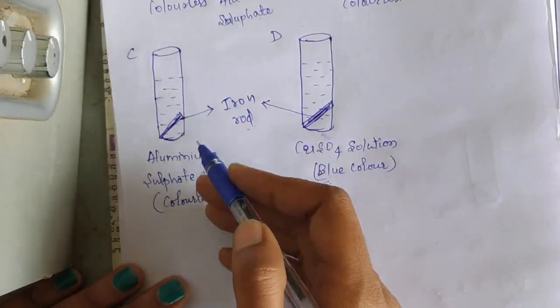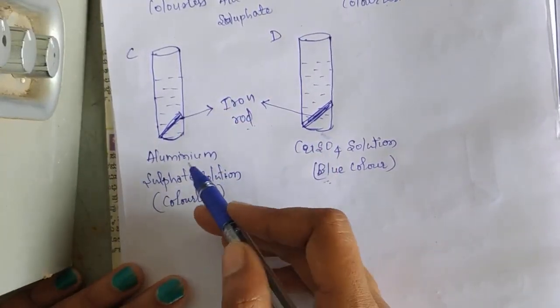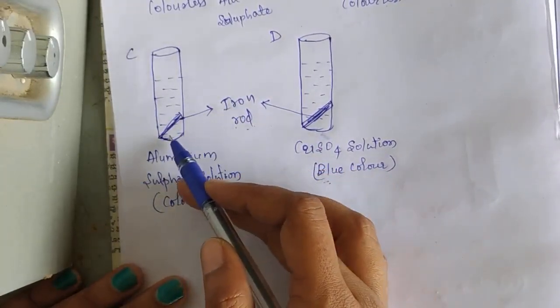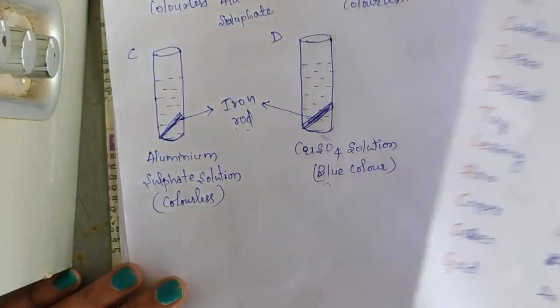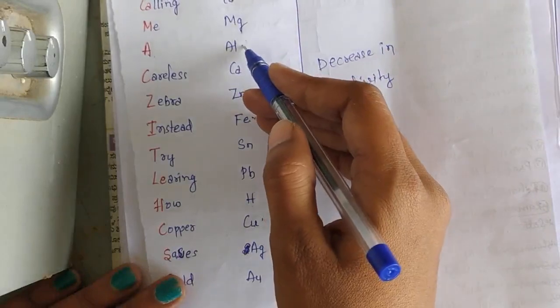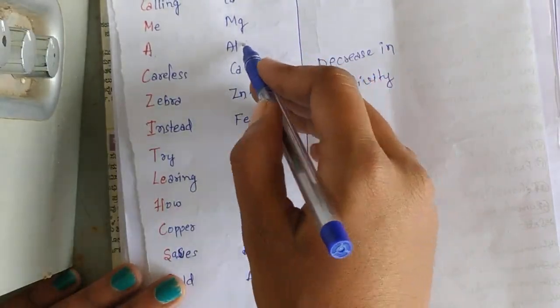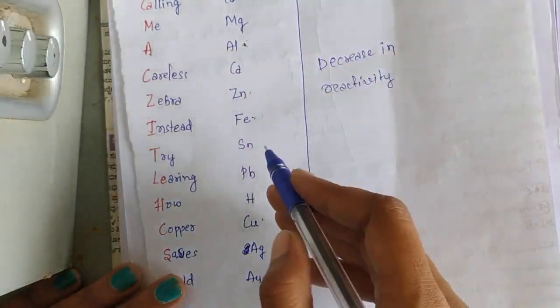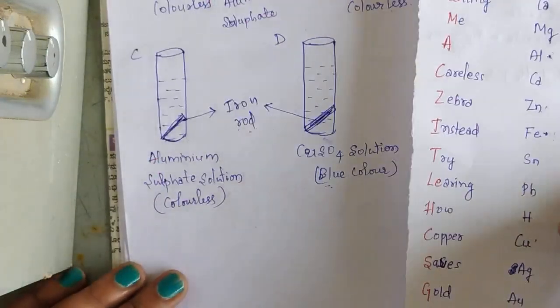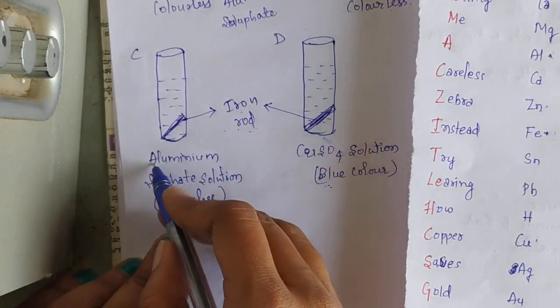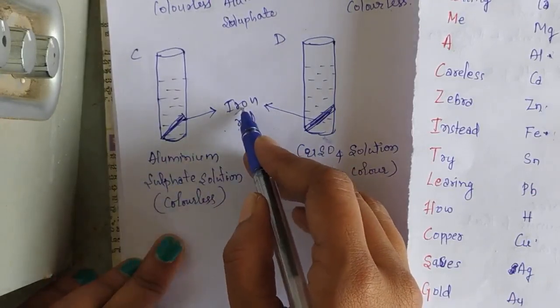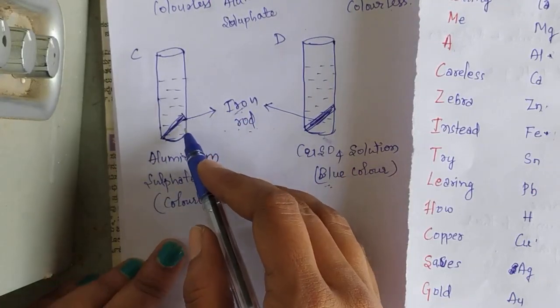In test tube C, we have placed aluminum sulfate solution, and inside this an iron rod is immersed. See the position of iron metal and aluminum metal in the reactivity series. Aluminum is present above the iron. Since aluminum is more reactive than the iron, here no displacement reaction takes place.